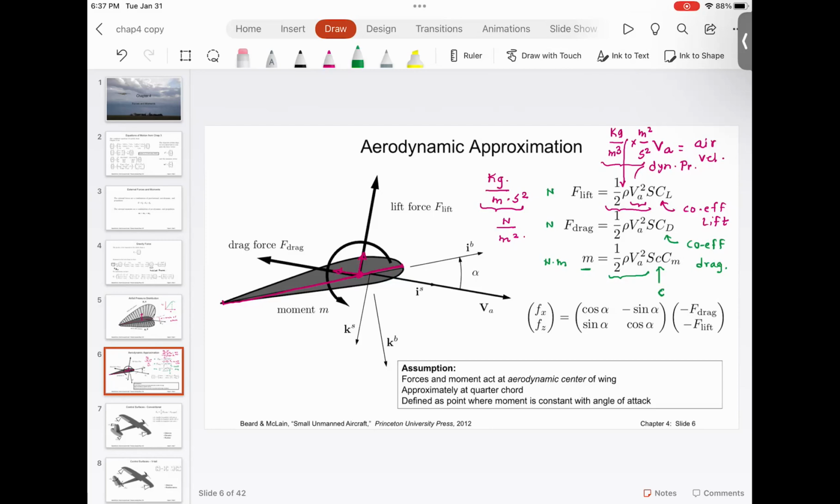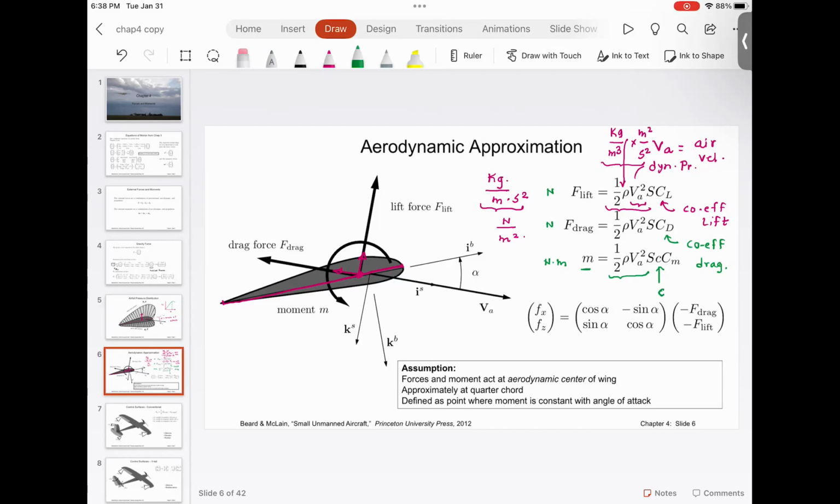Now, one thing I want you to understand is that the lift force and drag force are dependent on the air velocity. Can someone tell me the frame in which airspeed or air velocity is described?